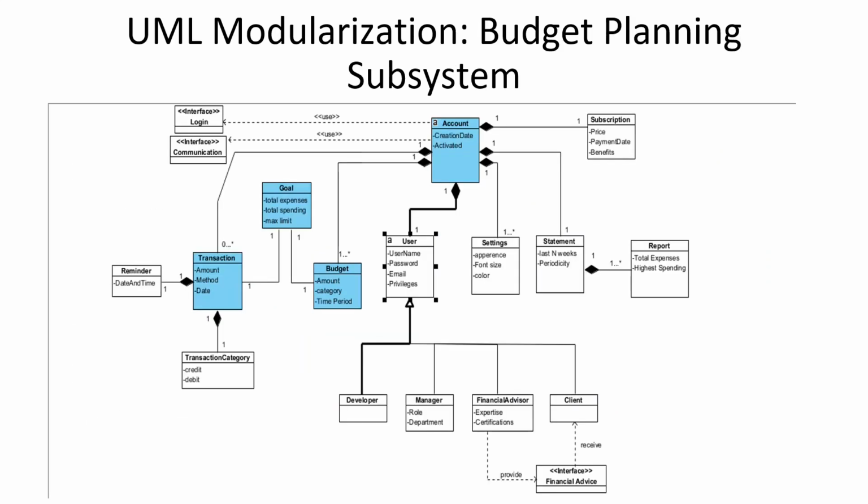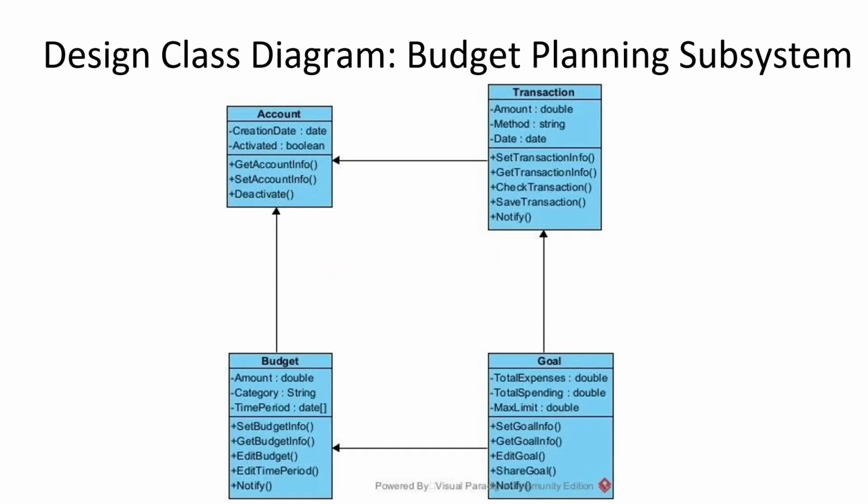Before that, UML modularization is nothing but decomposition of a system into reusable components. In the budget planning subsystem, we used these four classes: account, goal, transaction, and budget. This diagram describes the attributes which we have used in the subsystem.